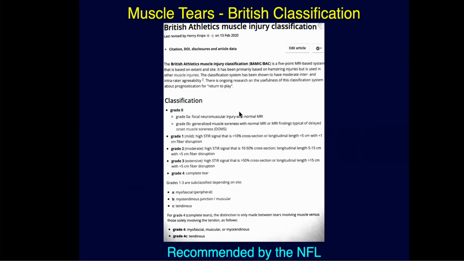Okay, and again, this is just a review of the British muscle injury classification system.